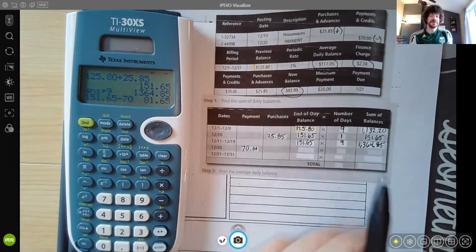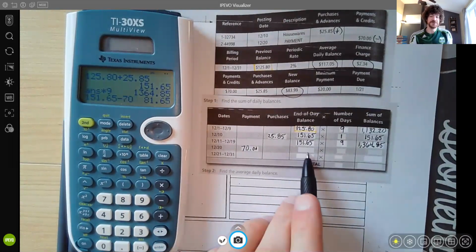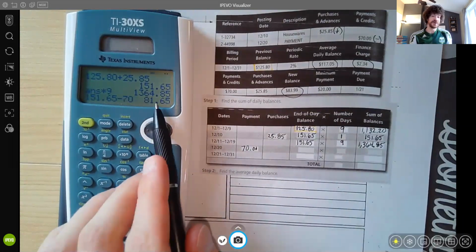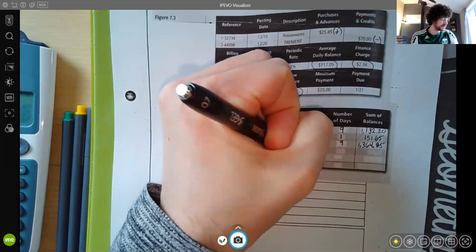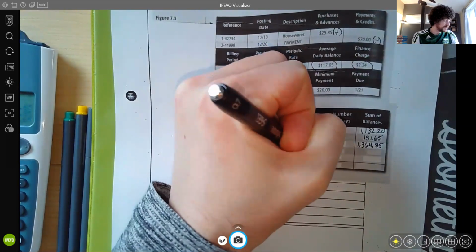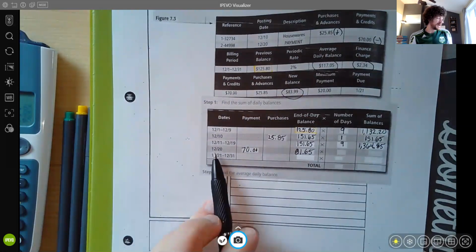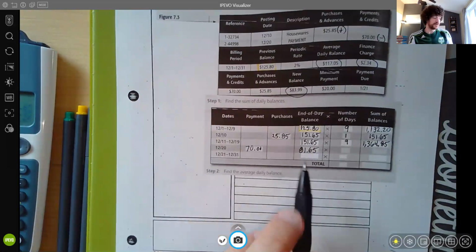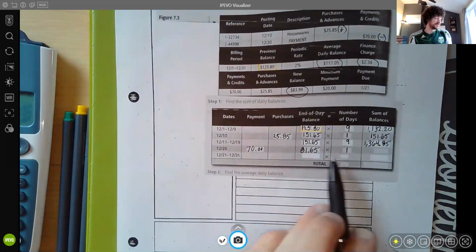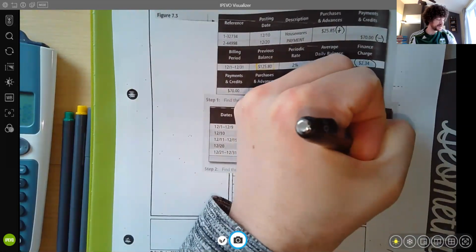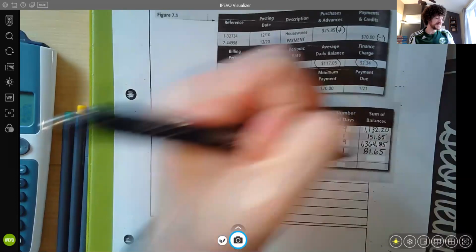So we're at an $81.65 end of day balance for December 20th. That is a single day, the 20th. So number of days, 1, which means it's just 81.65 over here.